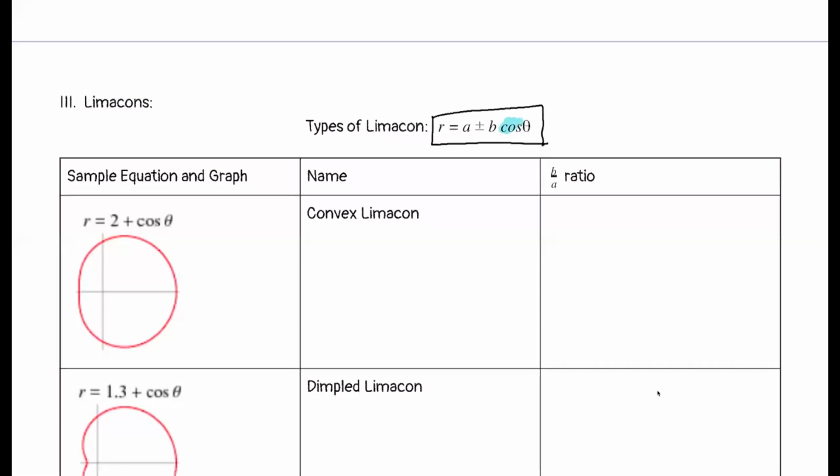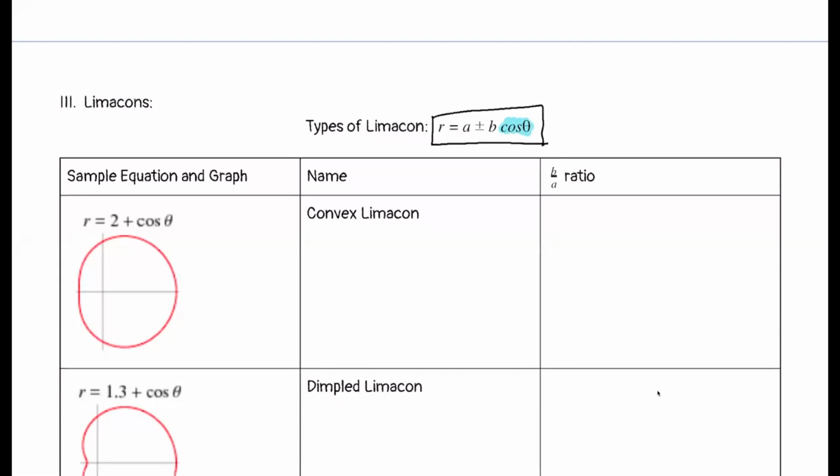Now, we'll notice that this equation has a cosine in it. So do we think it's going to be symmetric about the x-axis or the y-axis? Yeah, it's going to be symmetric about the x-axis. Perfect. Now, what makes it different from the circle is we have a few other numbers in different places.